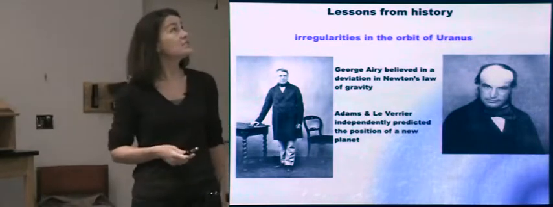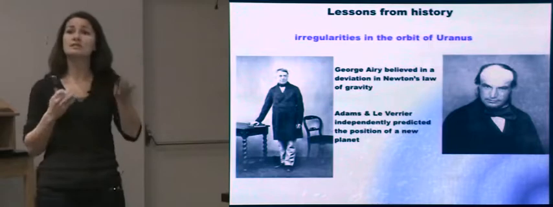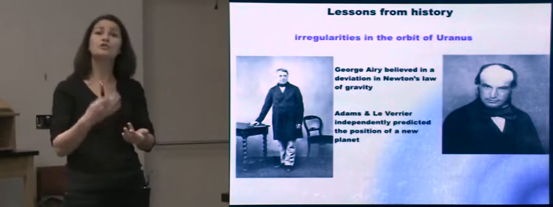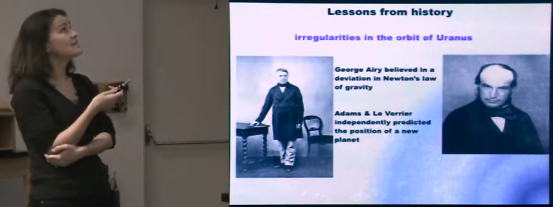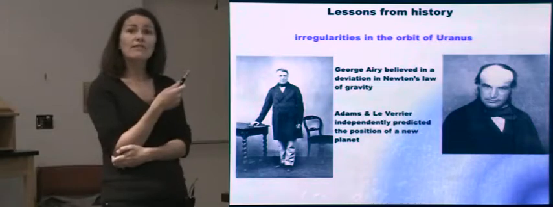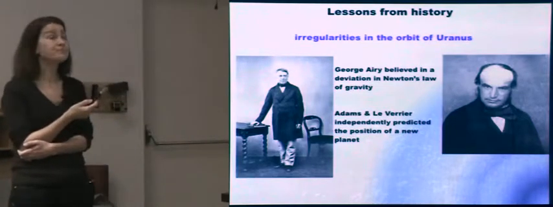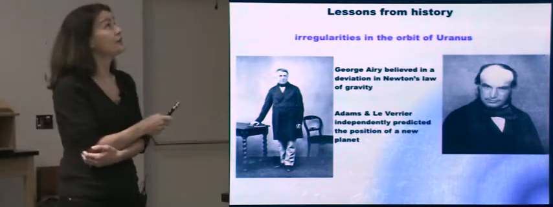So we can look to history and we can say, well, stuff like this happened before, this constant argument amongst theorists of whether or not to modify gravity or to introduce a new component in our universe. So one of the first interesting cases of this is that when we had Newton's laws of gravity and people were observing the motions of planets in our solar system, at the time, the furthest planet that they knew about was Uranus.